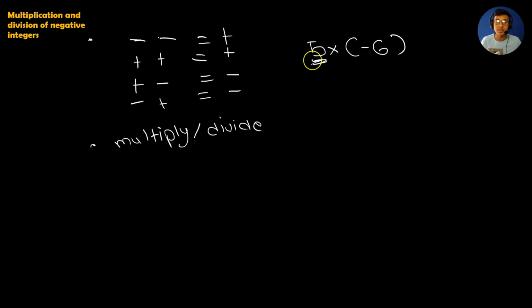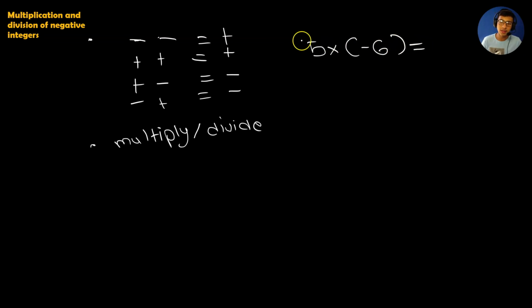When a digit doesn't have any symbol, like no negative sign, it means the 5 is a positive 5.